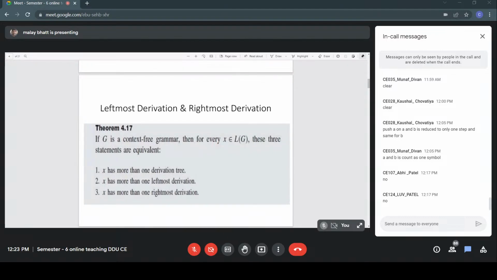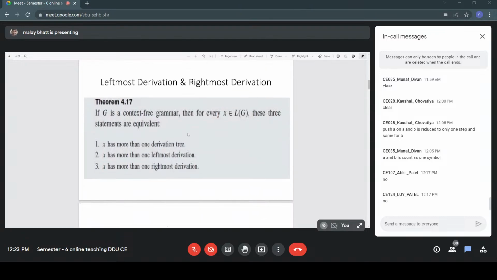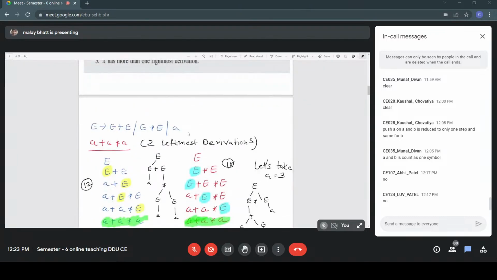We can derive a string in more than one way. It is equivalent to X having more than one leftmost derivation, or more than one rightmost derivation for the given string. So it depends on the grammar. Some grammars can generate more than one leftmost derivation, while other grammars cannot.